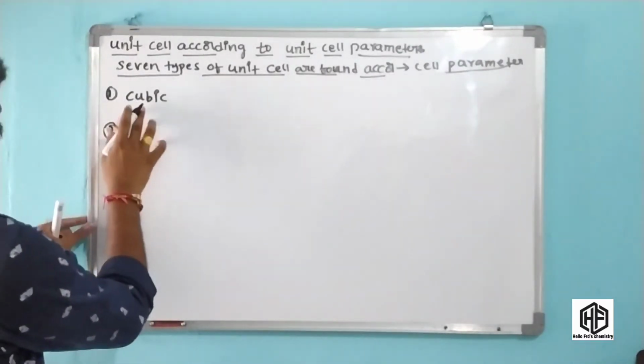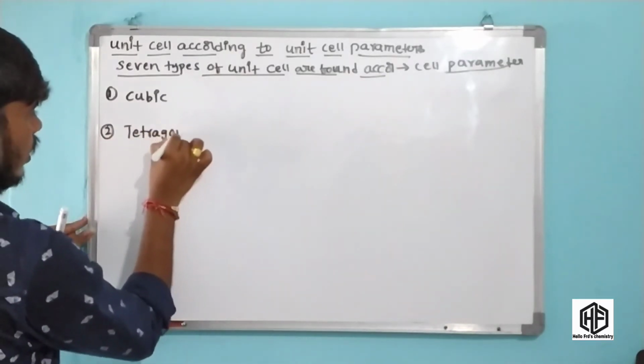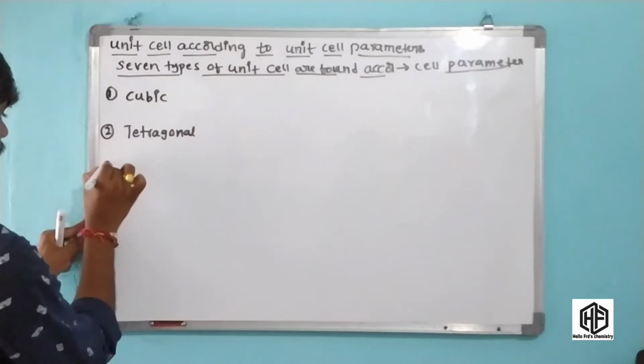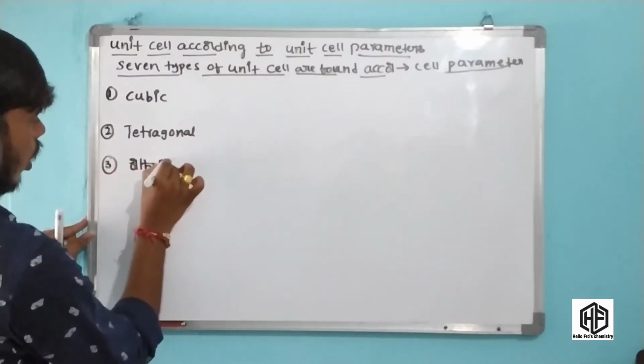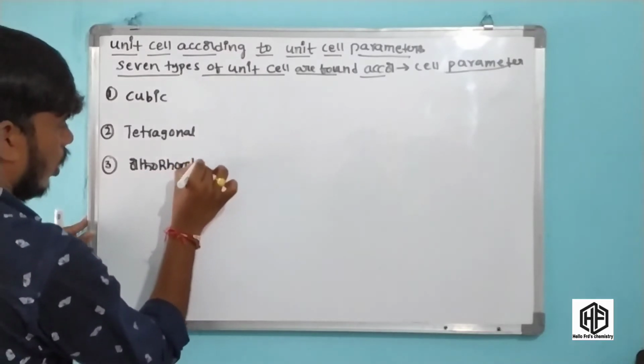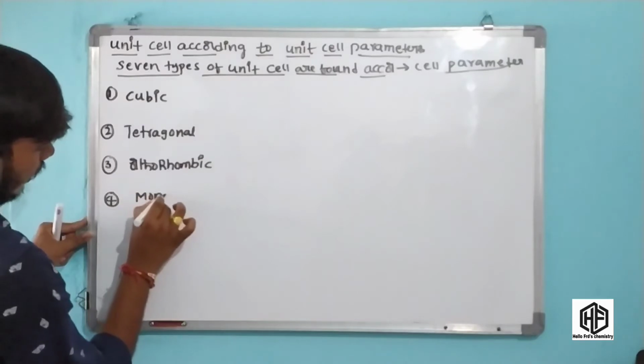First is cubic, and the second one is tetragonal, and the third one is orthorhombic unit cell, and the fourth one is monoclinic.